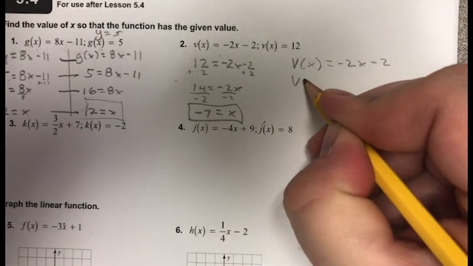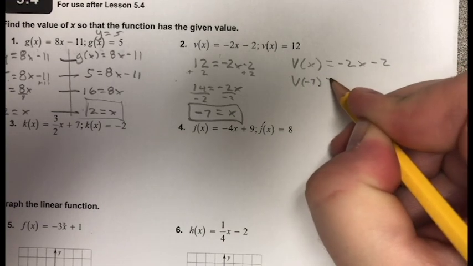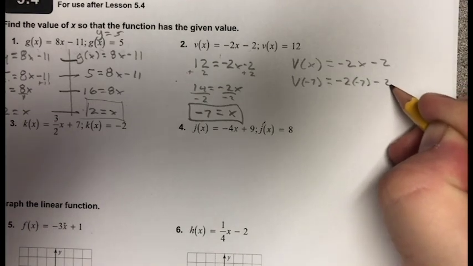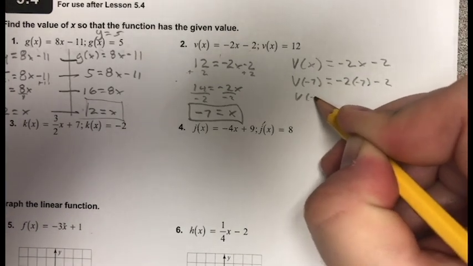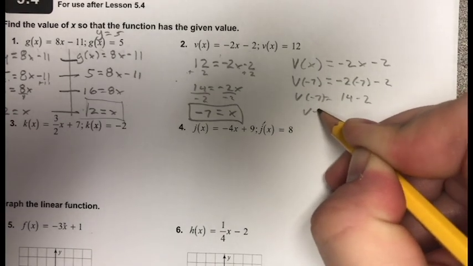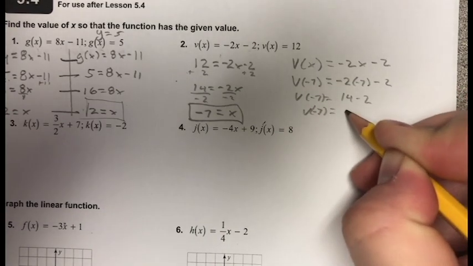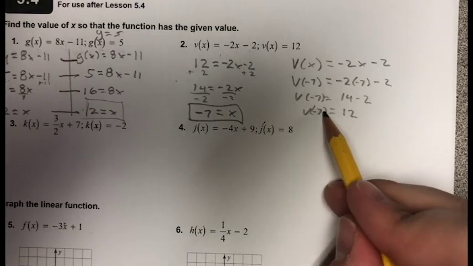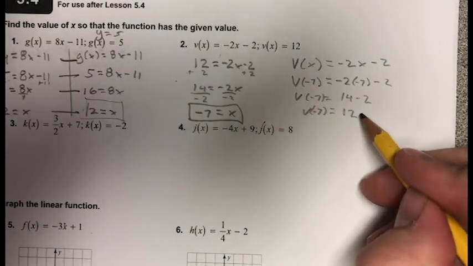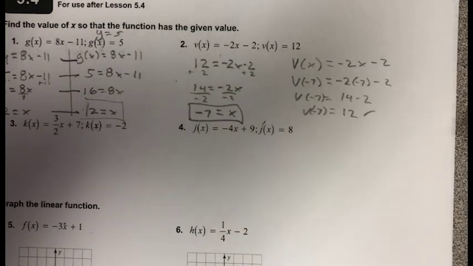If we did this right, v of negative 7 is equal to negative 2 times negative 7 minus 2. v of negative 7 is equal to 14 minus 2. v of negative 7 is equal to a positive 12. Is that true? Did that match with what we wanted, that v of x equals 12? Yes, it does. It does work.